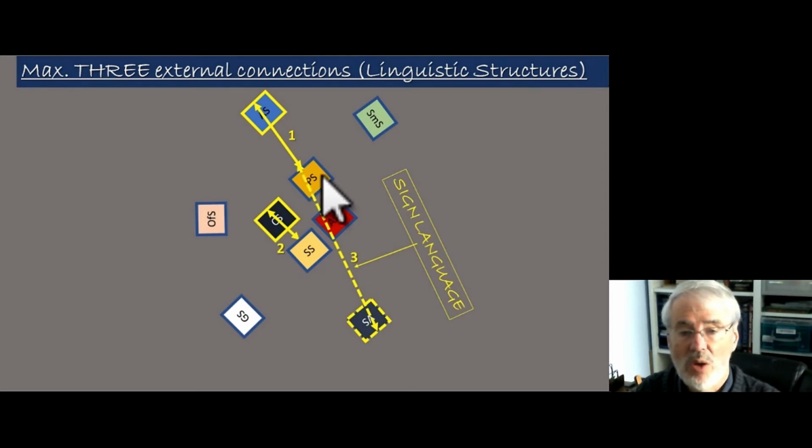You can regard that as a third connection, which is not made if you don't use sign language. But you have at least definitely this first one with the auditory system and a second one with the meaning system.